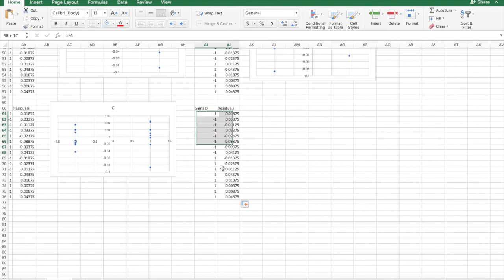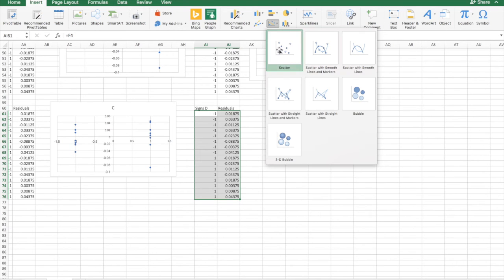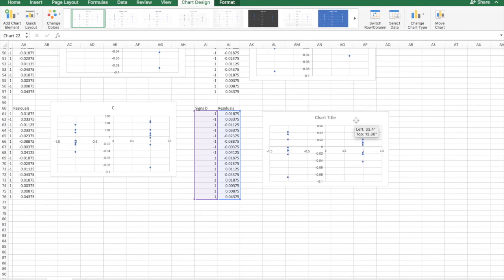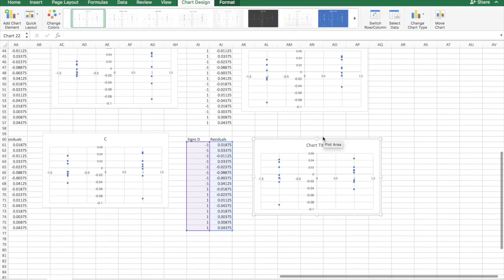And then we plot it as a scatter graph. And in here we can also see that D may affect dispersion, because D at its high level has a lower dispersion than D at its low level.